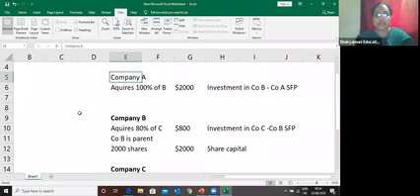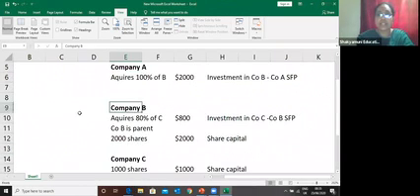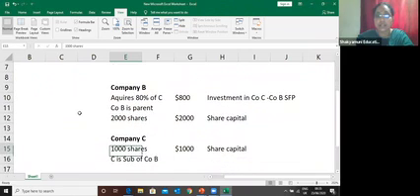So listen to this carefully. This part you understood, right? Company B acquires 80% shares of company C. Company C has 1000 share capital. Out of this 1000, 80% is held by company B, right?